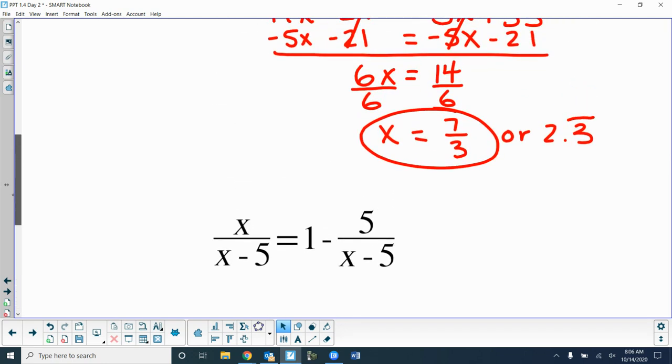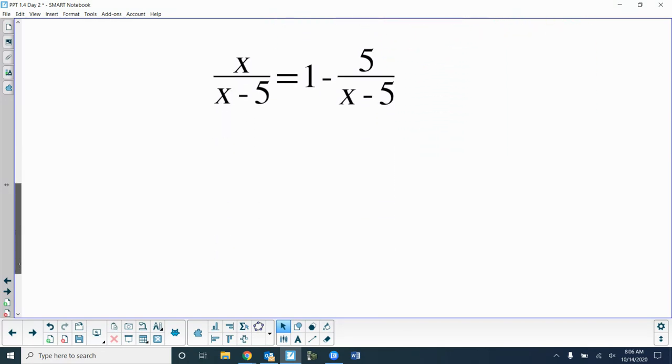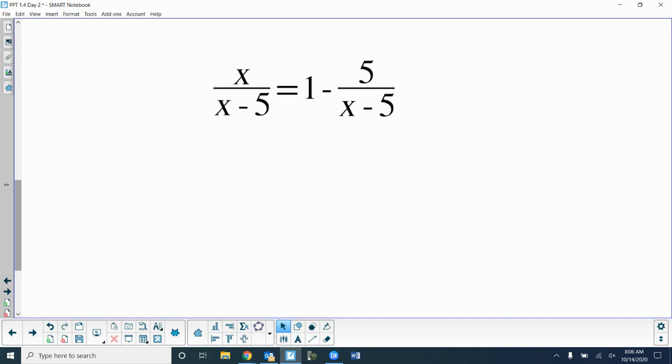All right, this one. Same thing. What's my common denominator? X minus 5. It's the only one that shows up, right? So that's what you use. So, remember, I multiply everything, the whole equation, all three terms, by x minus 5.